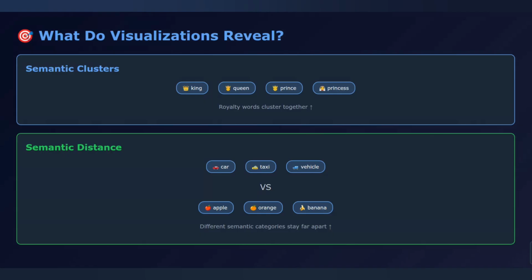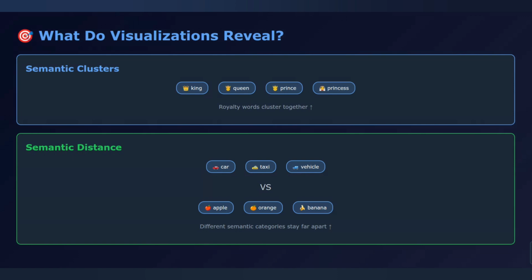So what do these visualizations actually show us? First, semantic clusters. Look at this. King, queen, prince, princess. All royalty words clustering beautifully together. And here's another cluster. Car, taxi, vehicle. All transportation concepts.